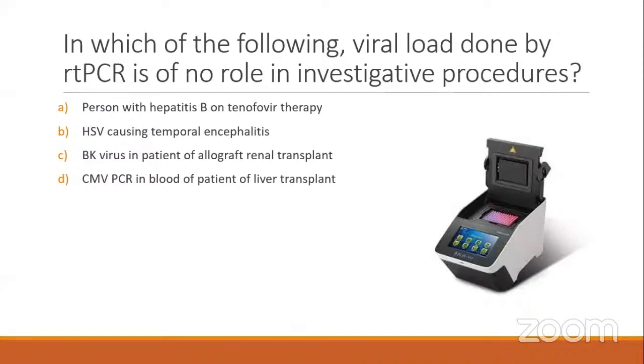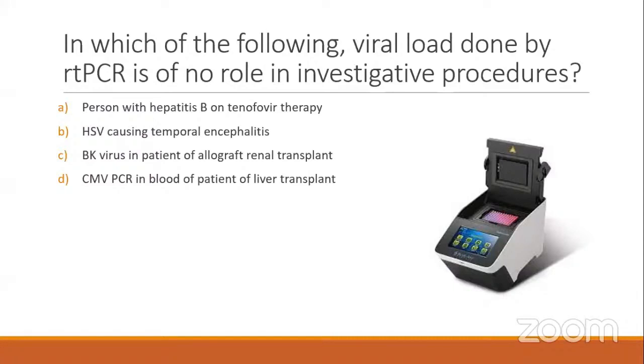It was actually a previous AIIMS question, but I found it really interesting. Anybody who has seen some patients with encephalitis in your clinical life might get the answer. I've already given the clue. Yes, it is HSV causing temporal encephalitis.